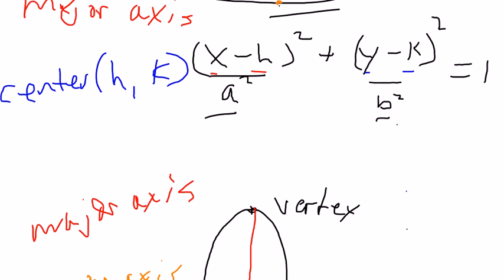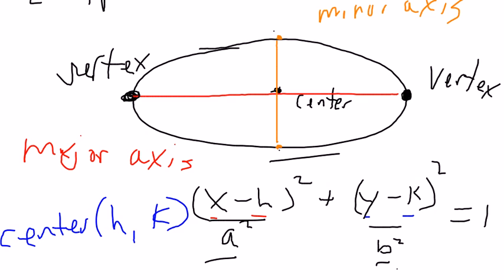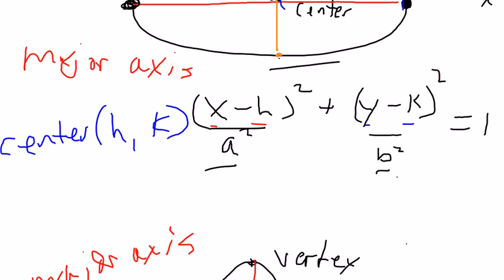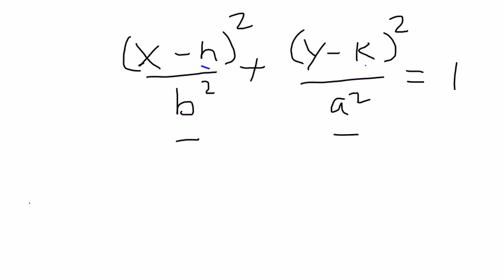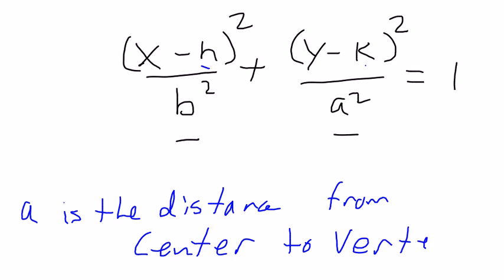The vertices, for those that like notes, put the vertices in here. Maybe let's talk about A first. A is this distance right here, from here to here, from your center to your vertex, in both directions, so positive, negative.